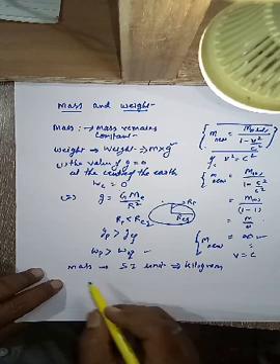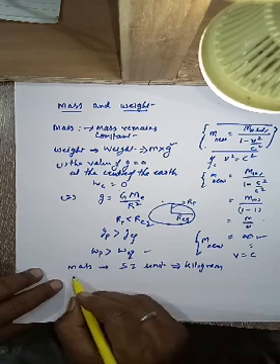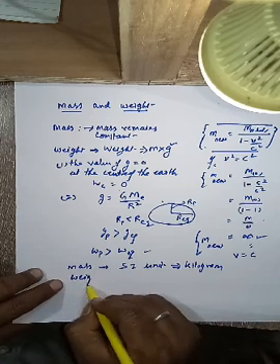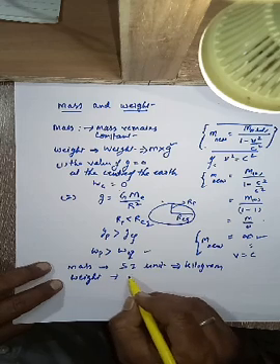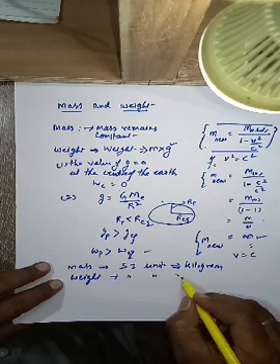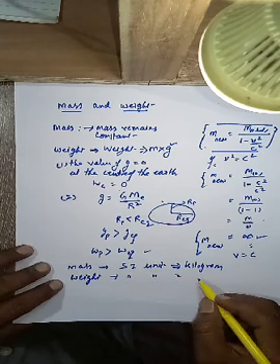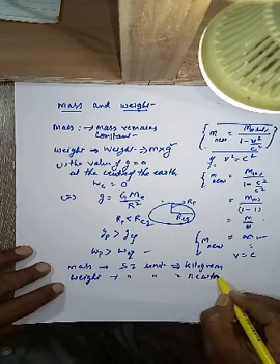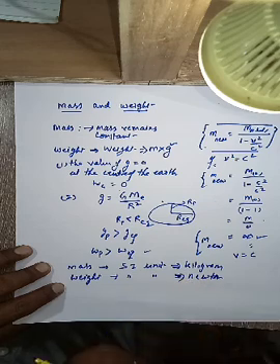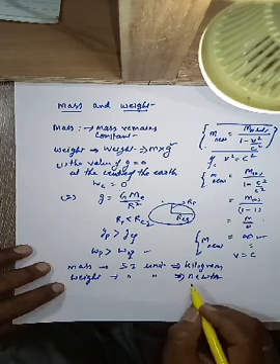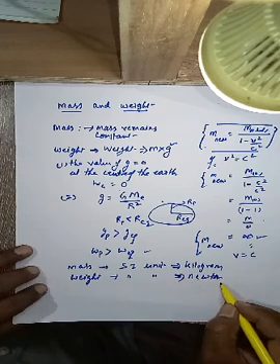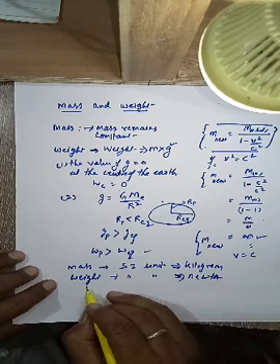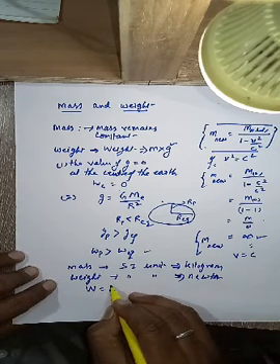Then what is the SI unit of weight? Can you guess it? It is nothing but Newton, right? But again, Newton is the SI unit of force. That means weight is a force.